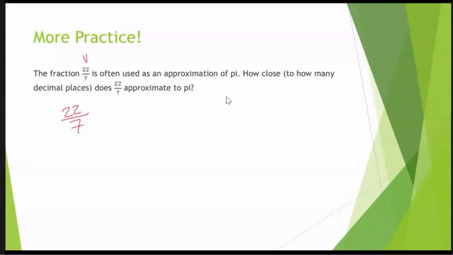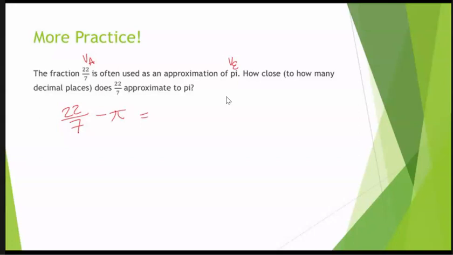Remember, this is our approximation, so that's our approximate value, and pi is going to be our exact value. And by pi, we mean the pi that the calculator uses, not just 3.14. 3.14 is an approximation. So I'm going to use the pi symbol inside my calculator, which has a pretty accurate representation of pi.